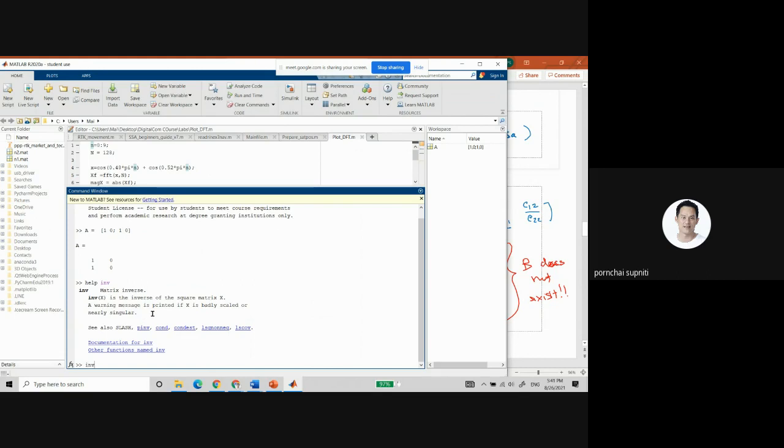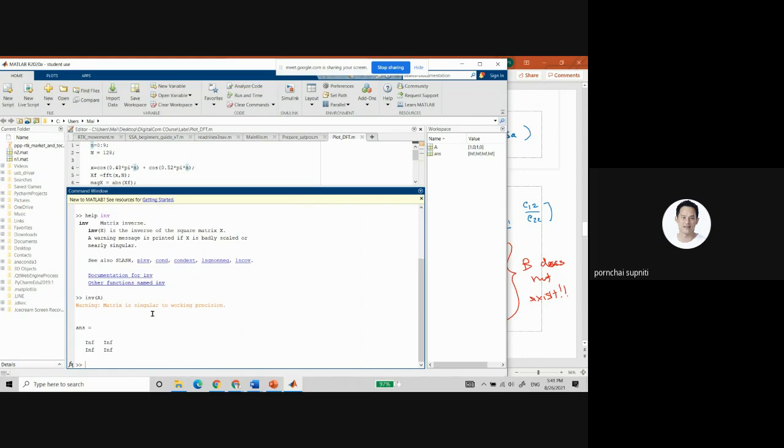So if I do inverse of A, what do I get? It means you cannot find it. But if I do something else just for fun, you can use this method on the slides as a very simple approach to find the inverse.